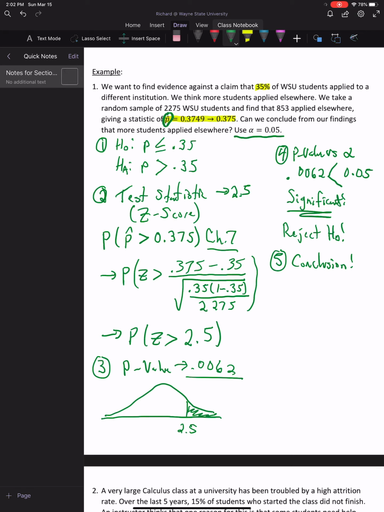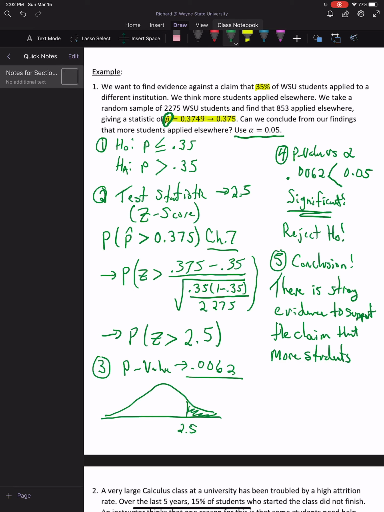So here's what the sentence says. It says, there is strong evidence to support the claim that more students applied elsewhere.